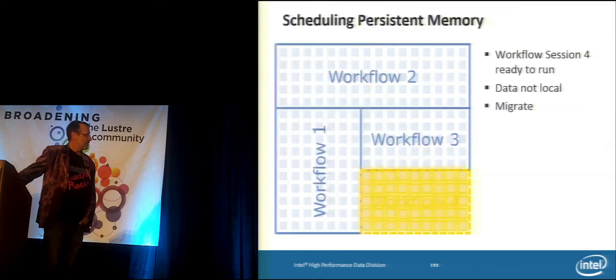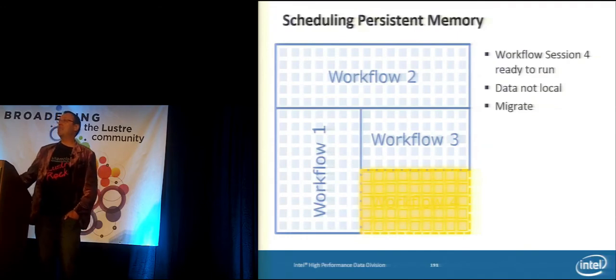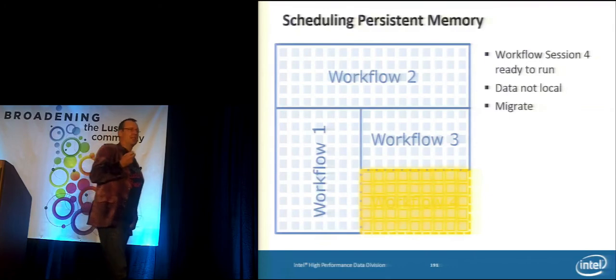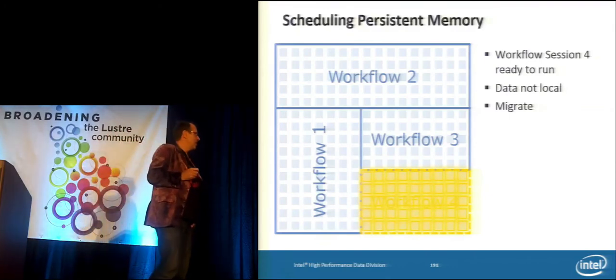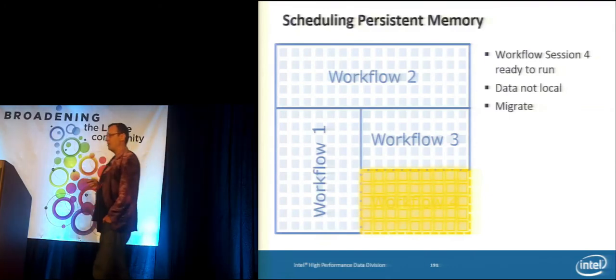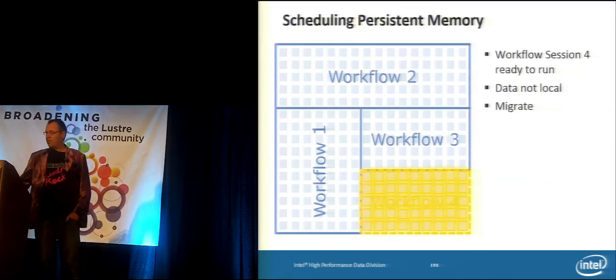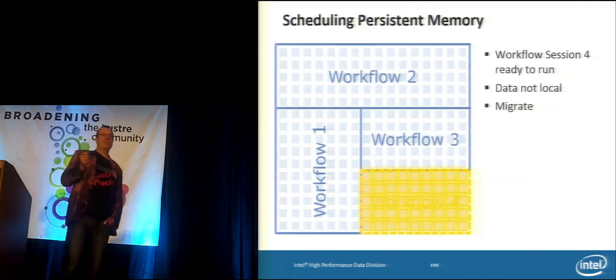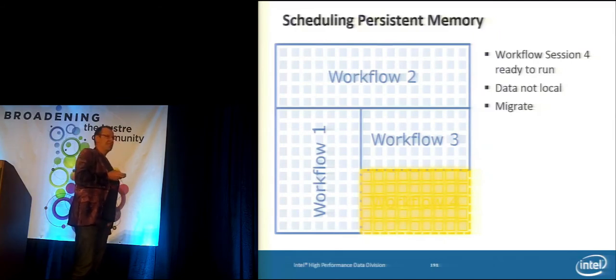So we'd probably better migrate it over to where the program can be spawned right now, because I need direct load store access to every segment of my distributed persistent memory image. When you think of it, though, probably what I have to do is actually make some space for it once it's there. Or before it gets there.